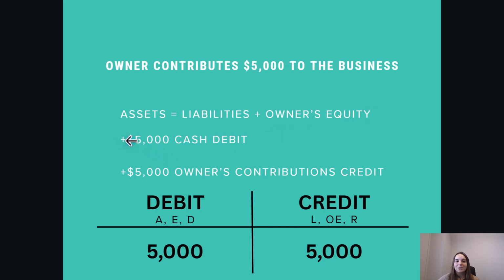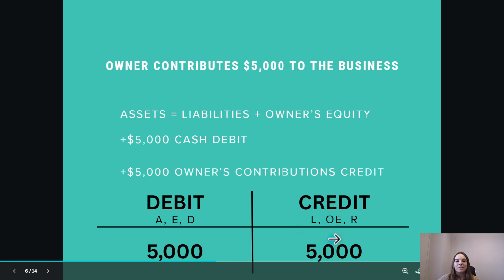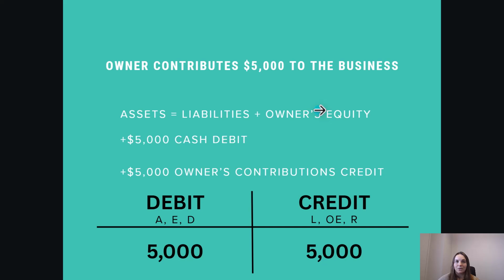Our $5,000 increase in cash is a debit because an asset has a normal debit balance, and owner's equity or contributions has a normal credit balance, so in order to increase it, we're going to credit it. Our debits and our credits balance, and we've added $5,000 to each side of the accounting equation. Our accounting equation still balances.